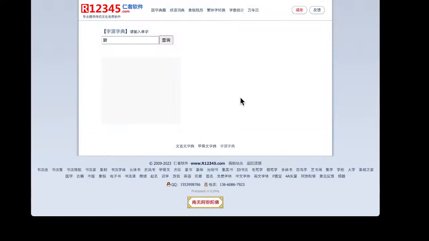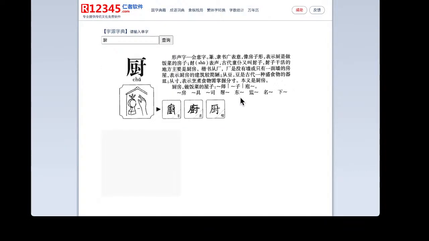Let's take a look at this character. It has the 广 radical on the top left, which means shelter, a building, a house. In the house is the character 树.